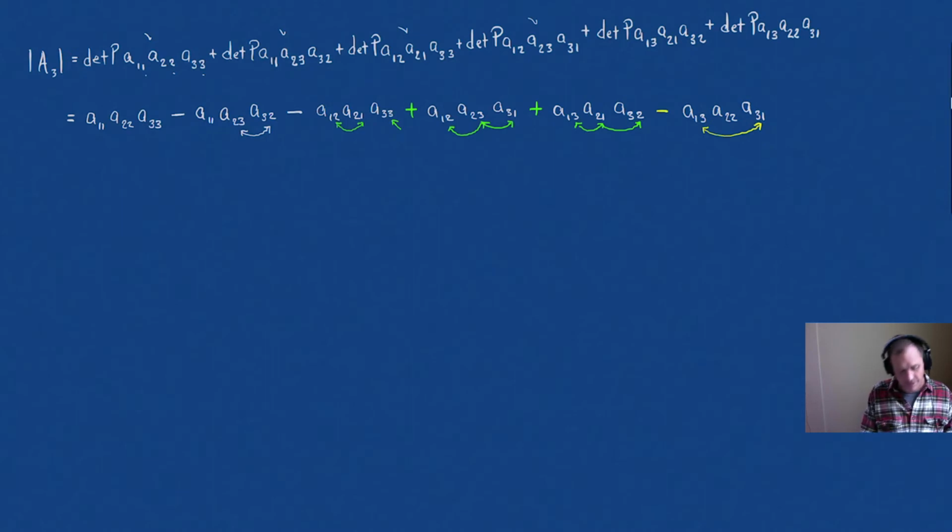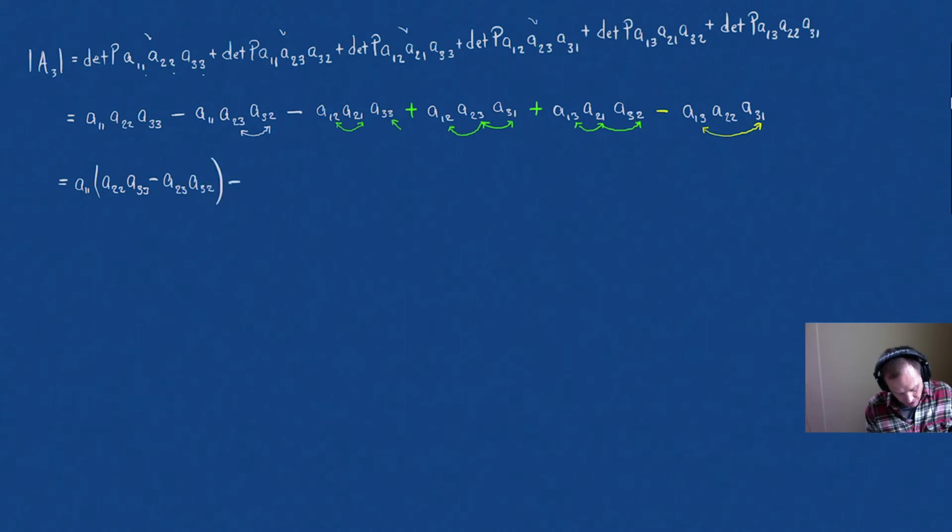Okay, now what I'm going to do is factor out these row 1 components. In other words, we have an A11 times A22, A33 minus A23, A32.